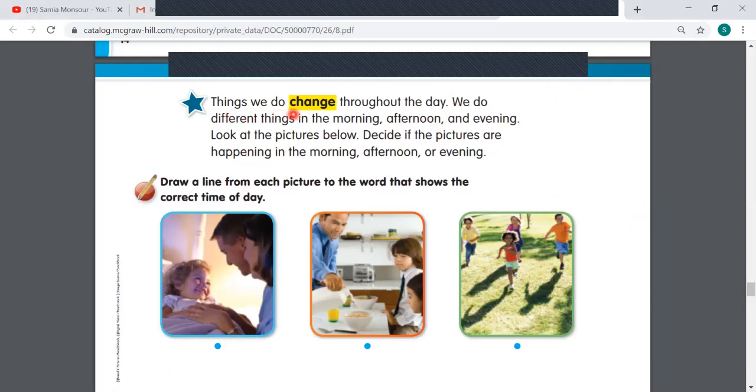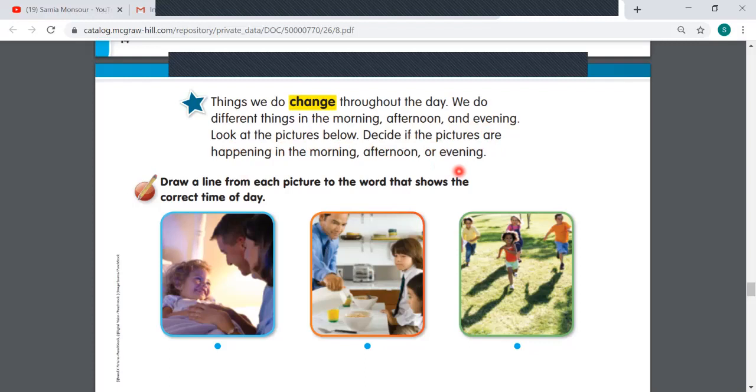Things we do change throughout the day. We do different things in the morning, afternoon, and evening. Look at the pictures below. Decide if the pictures are happening in the morning, afternoon, or evening.